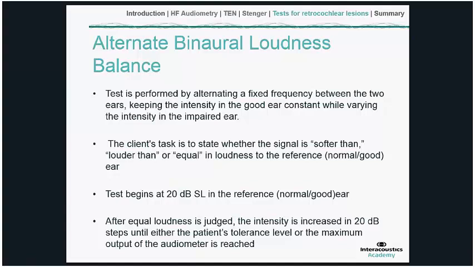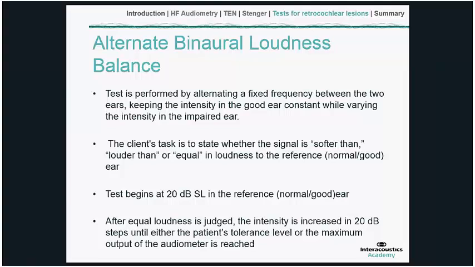And here, again, with an asymmetrical loss, like we were showing in the previous audiogram, we might expect a pattern of loudness, when related to the non-suspect ear, or the good hearing ear, to reveal the presence of cochlear recruitment. That would be consistent with a cochlear hearing loss, or no cochlear recruitment, which might be consistent with a retrocochlear loss.